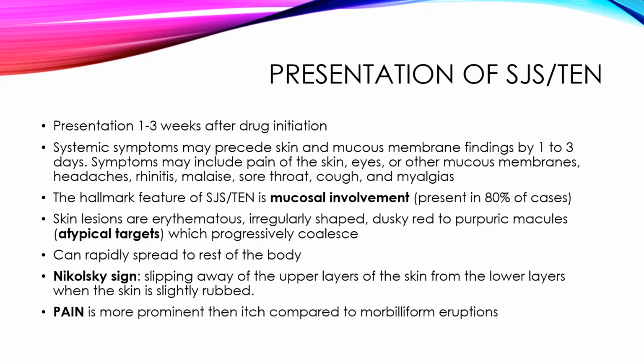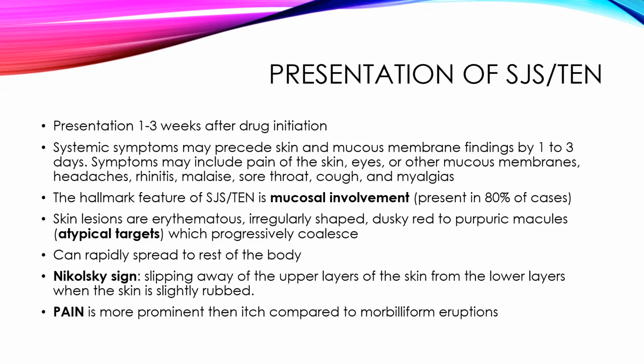Systemic symptoms can precede the skin and mucous membrane findings by 1 to 3 days, and these can include pain of the skin. Remember, that's different than the morbilliform eruption that itches. They can have pain of their eyes and other mucous membranes, headaches, rhinitis, malaise, sore throat, cough, and myalgias.